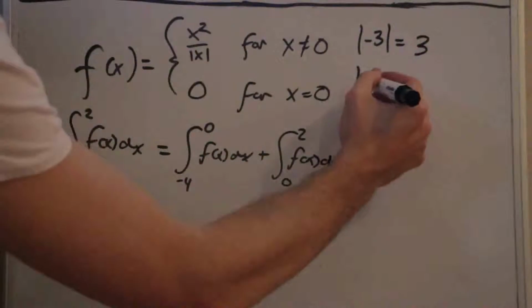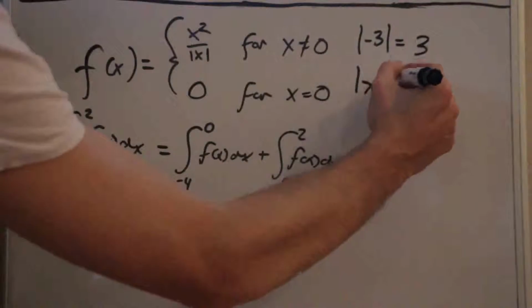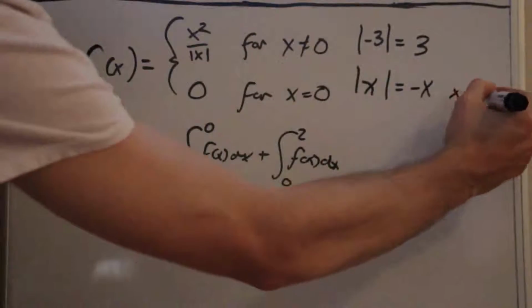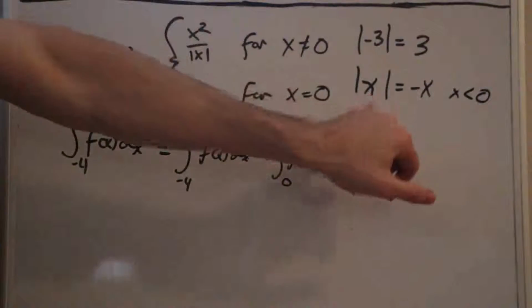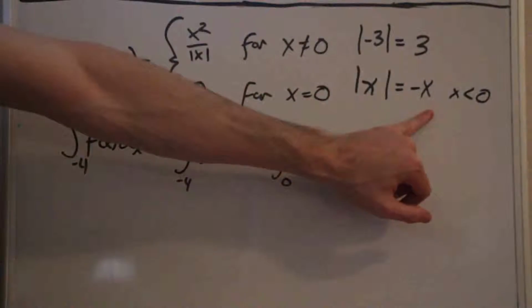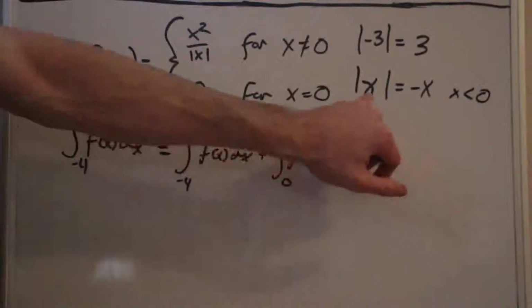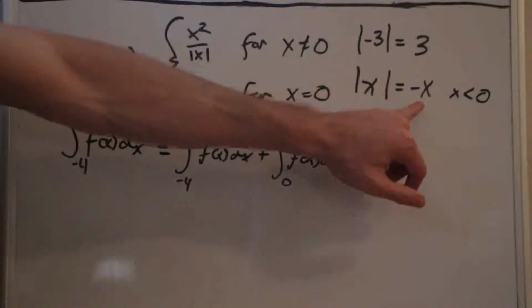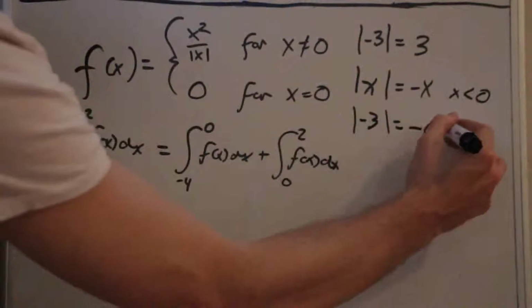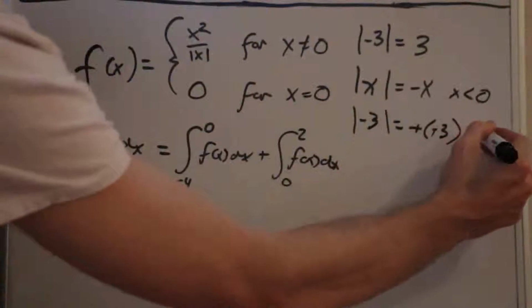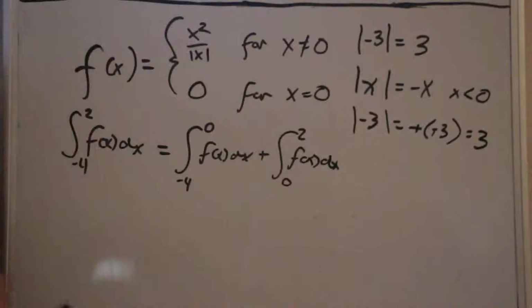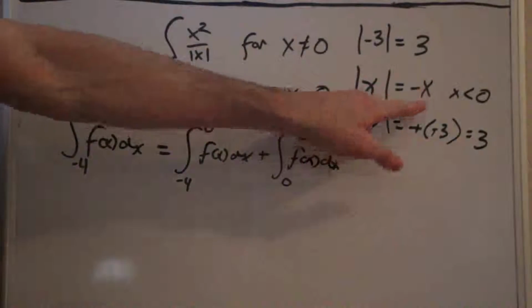So the absolute value of x is equal to -x when x is less than 0. Basically, if x is less than 0, the absolute value makes me switch signs. So if x is -3, I end up with the negative of -3, which is +3. So when x is negative, the absolute value of x is actually equal to -x.